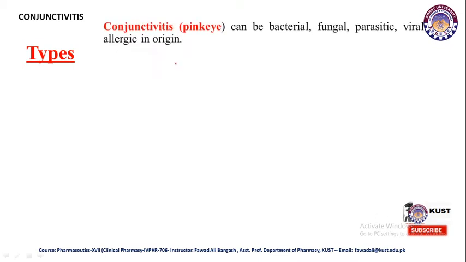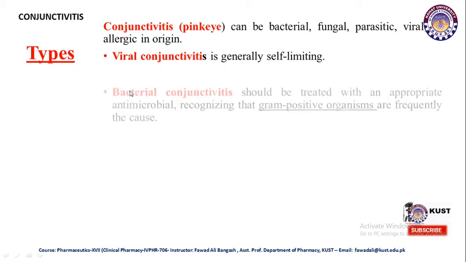Types: conjunctivitis, or pink eye, can be bacterial, fungal, parasitic, viral, or allergic in origin. Viral conjunctivitis is generally self-limiting.